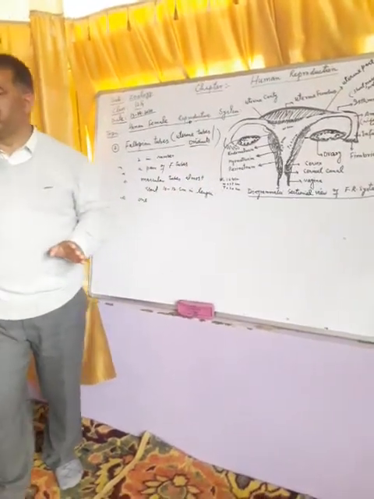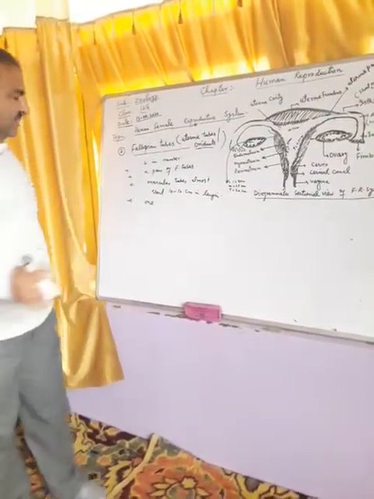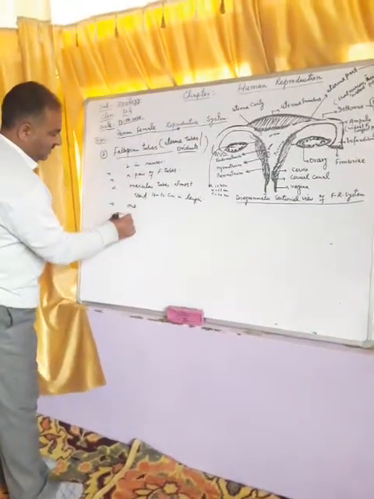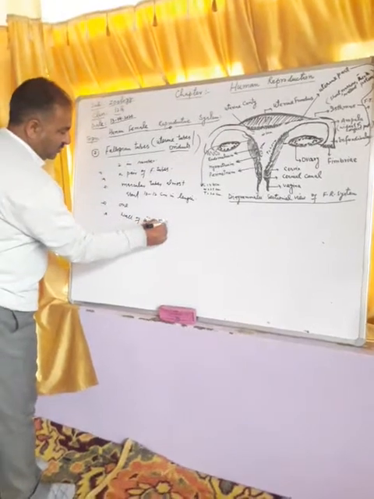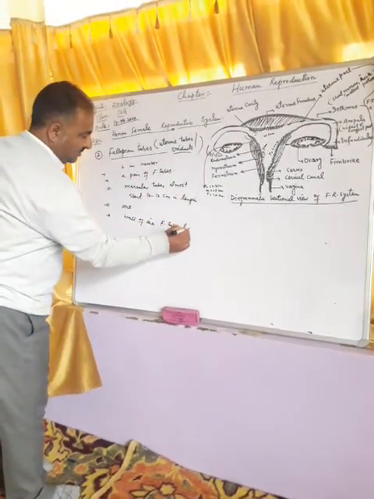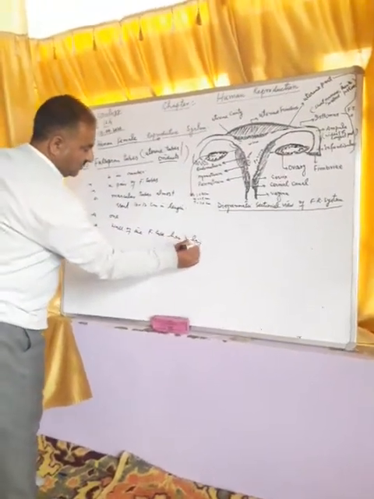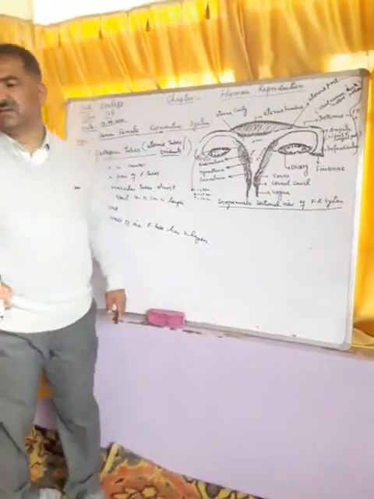The wall of the fallopian tube has three layers.